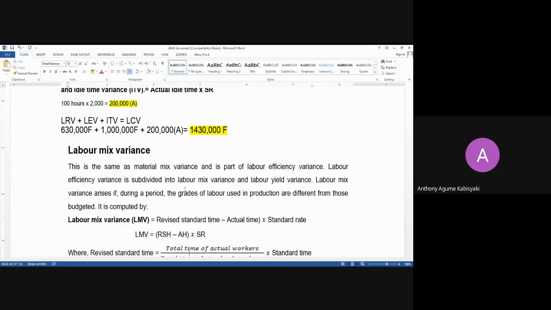So you need different grades of labor. Okay? Like the way we saw under material cost, there are products that need different ingredients or different inputs to make. Likewise with labor, you may need different grades or categories.